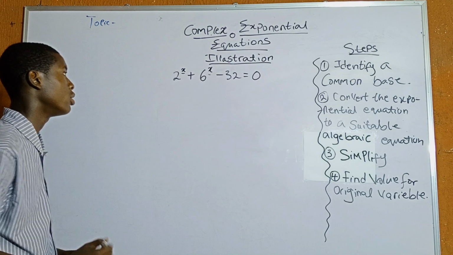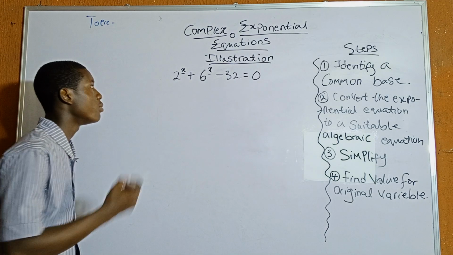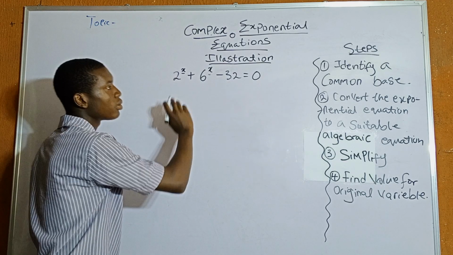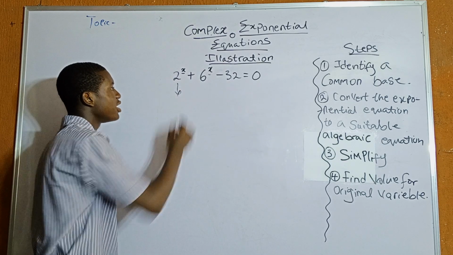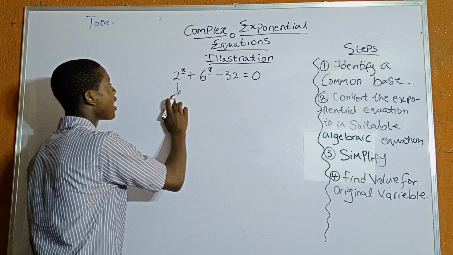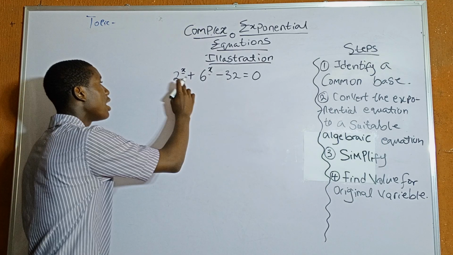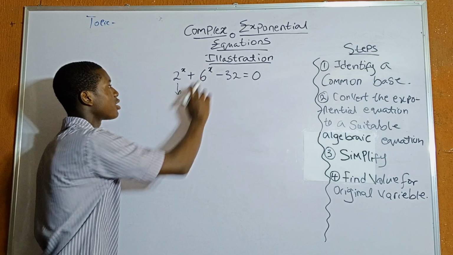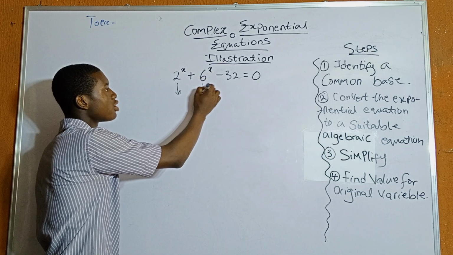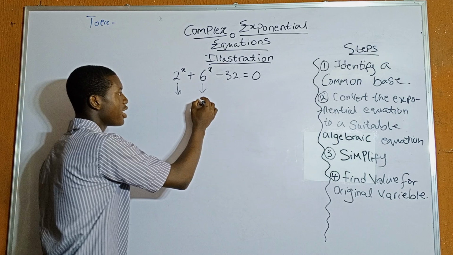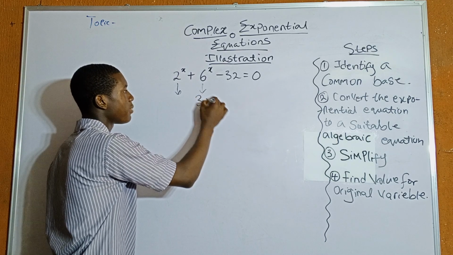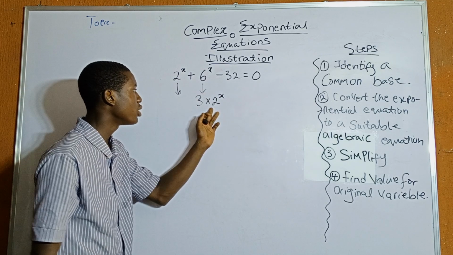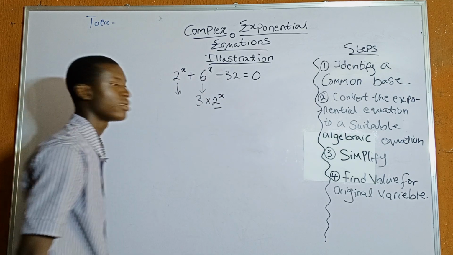In order for us to be able to work on that, we need to make sure to get that common base, which will be the simplest value it can be expressed as. Now, 2 raised to the power x is the simplest value. But 6 raised to the power x can be expressed as 3 multiplied by 2 raised to the power x.